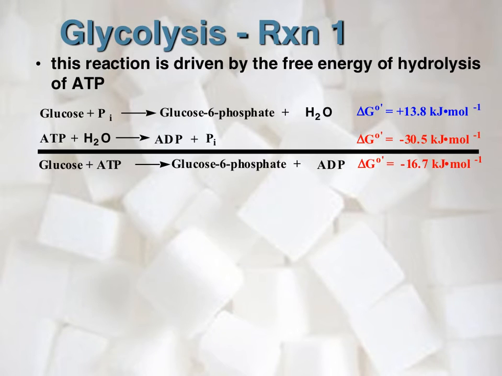You do not need to memorize the numbers, but what we can see here is that it would be energetically unfavorable to just take inorganic phosphate and stick it on the glucose; it would require energy.